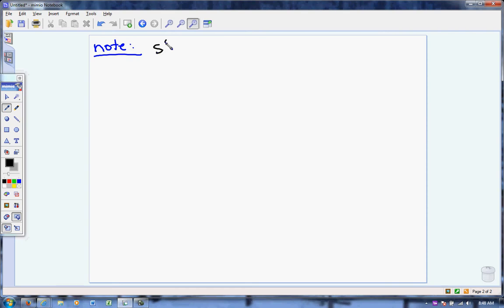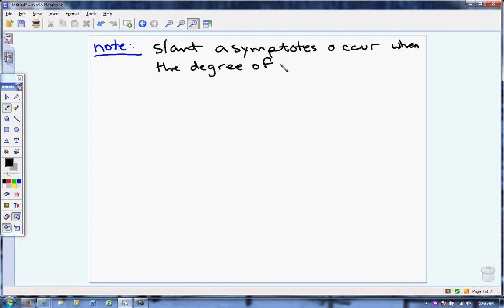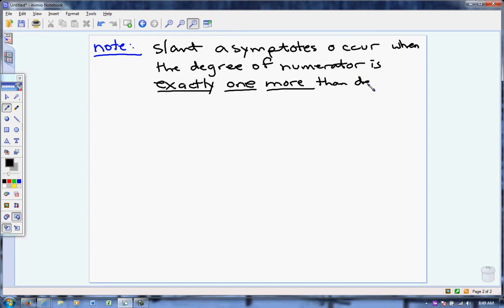Slant asymptotes occur when the degree of the numerator is exactly 1 more than the denominator.